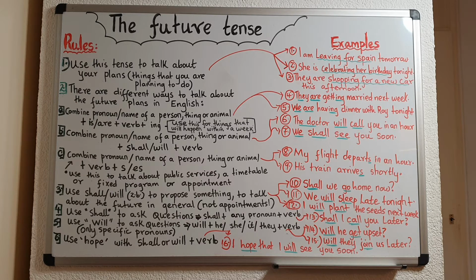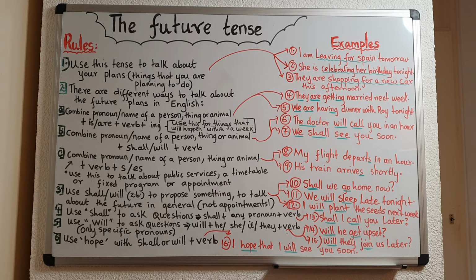So combine one of those pronouns or the name of a person like John or Peter or Mary, or the name of a thing like a table, a car, or the name of an animal, a dog, a cat, plus is or are, plus verb, plus ing.